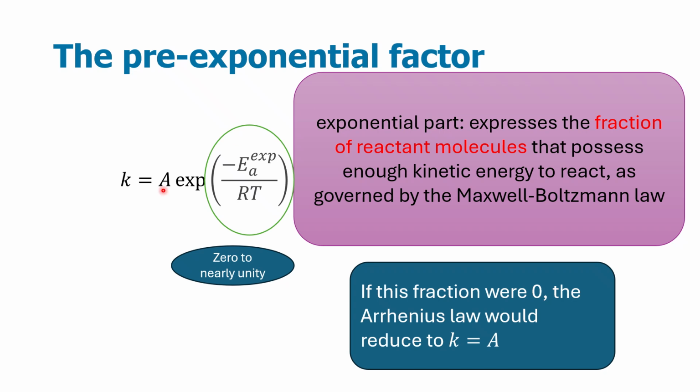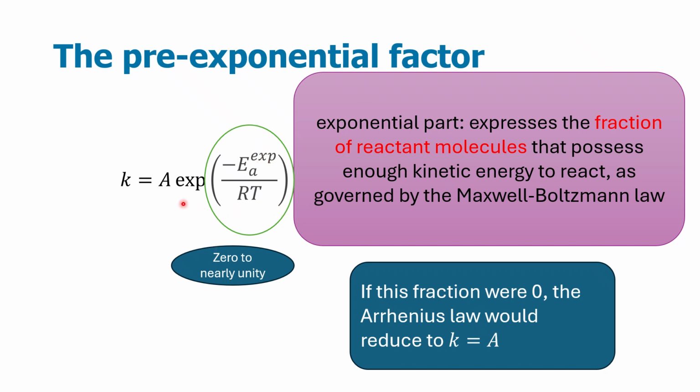So in other words, A, the pre-exponential factor, is the fraction of molecules that would react if either the activation energy were 0 or if the kinetic energy of all molecules exceeded the activation energy.